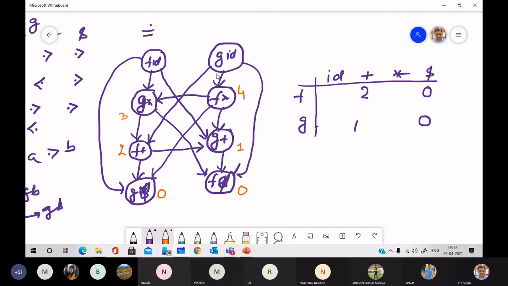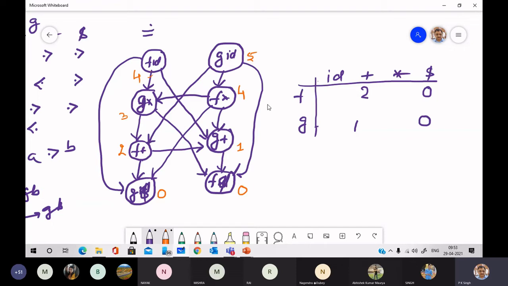Now see FID. The longest path is FID to G asterisk. This path will give 1 plus 1, 2. Another, if you use this path, 1 plus 3, you will get 4. And in this case we have 3 outgoing arcs: 1 plus 2 is 3, here 1, but here you will get 5.